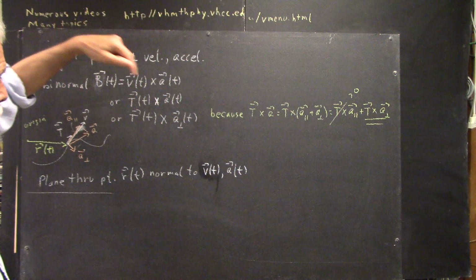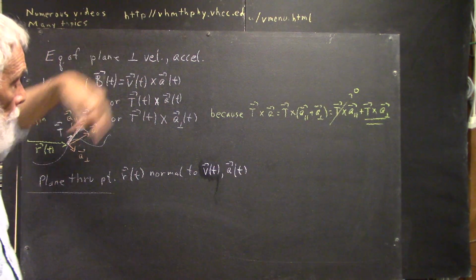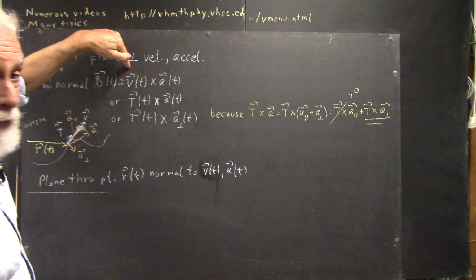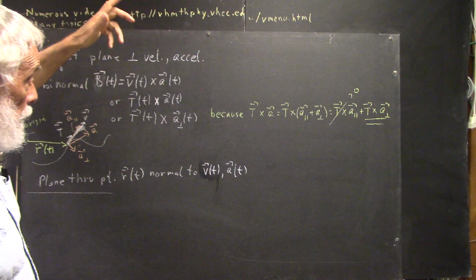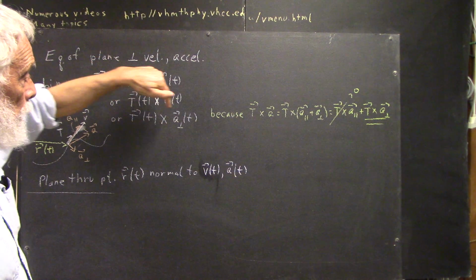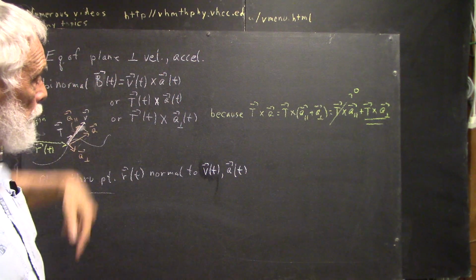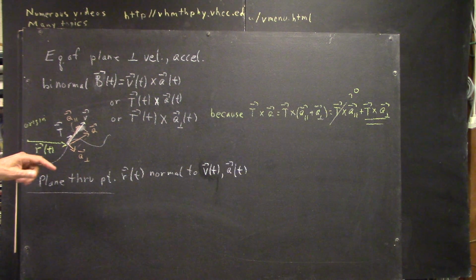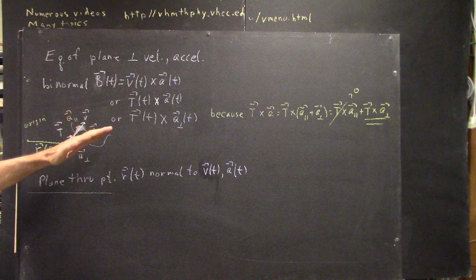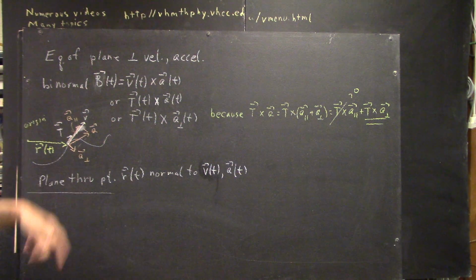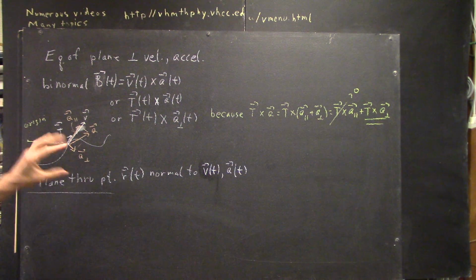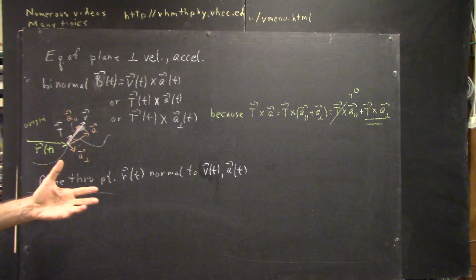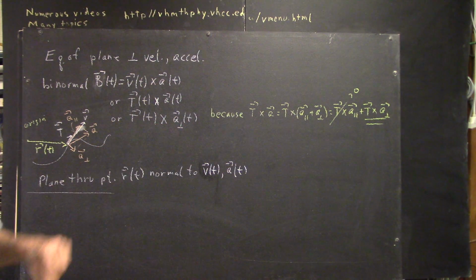And again, I can calculate that by v of t cross a of t, obviously, or by T of t cross a of t, because T of t is just parallel to v of t, and in the same direction, or T of t cross a perpendicular of t, because in taking the cross product of our unit tangent with the acceleration, it's only the component perpendicular that determines that cross product. The component parallel, when it's crossed with T, gives us 0. So this would be sufficient.